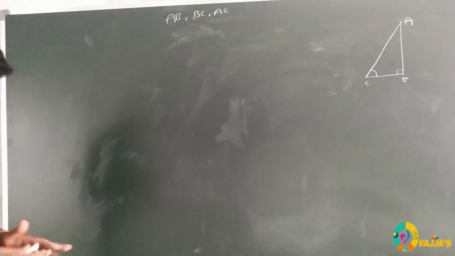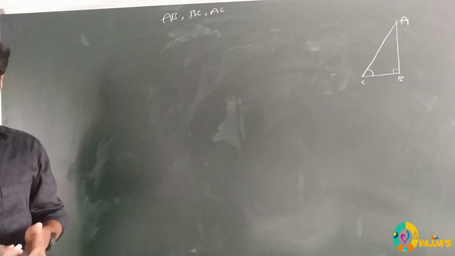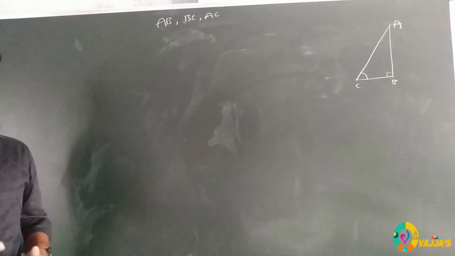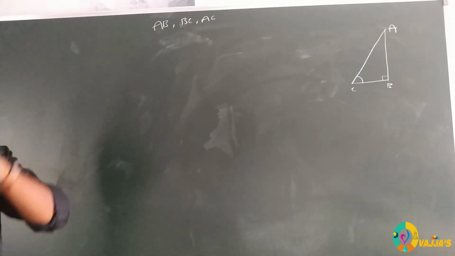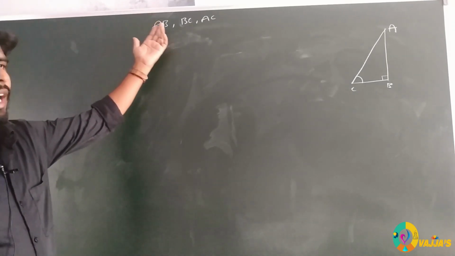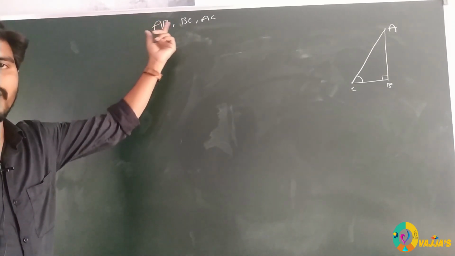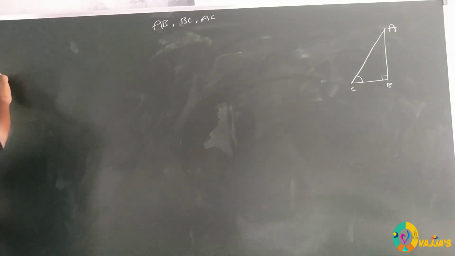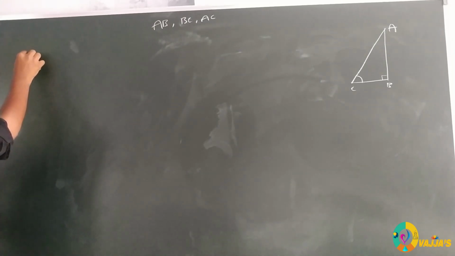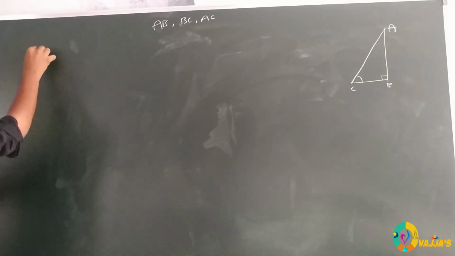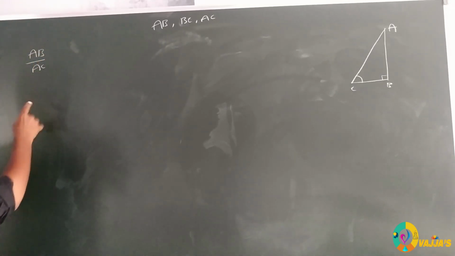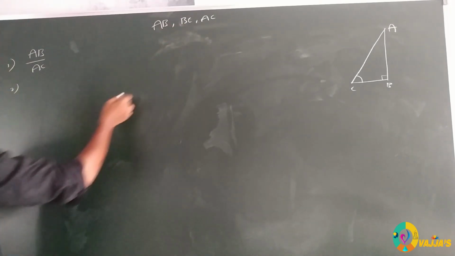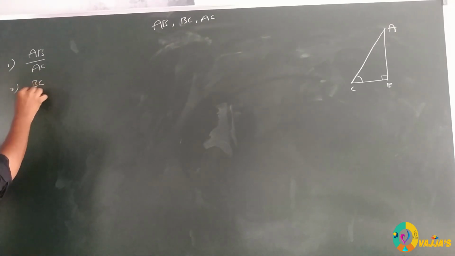So what are the trigonometric ratios? Actually, the relation between the sides and angles of a right angle triangle expressed in the form of ratios. So we have to make ratios by using these sides. Look here. First I am taking AB by AC, one ratio, and next one BC by AC.